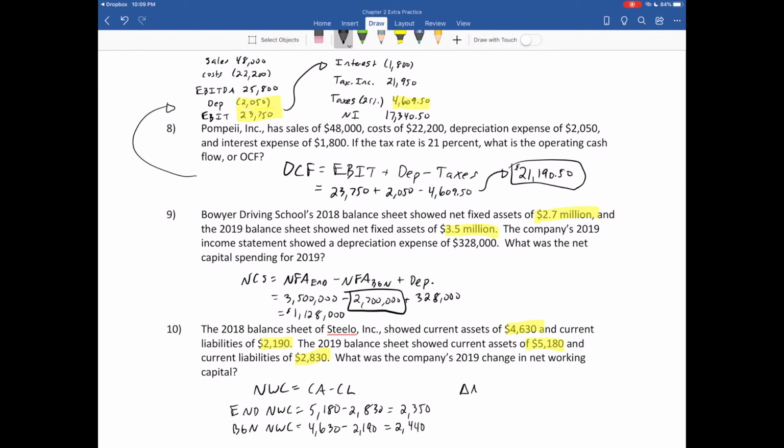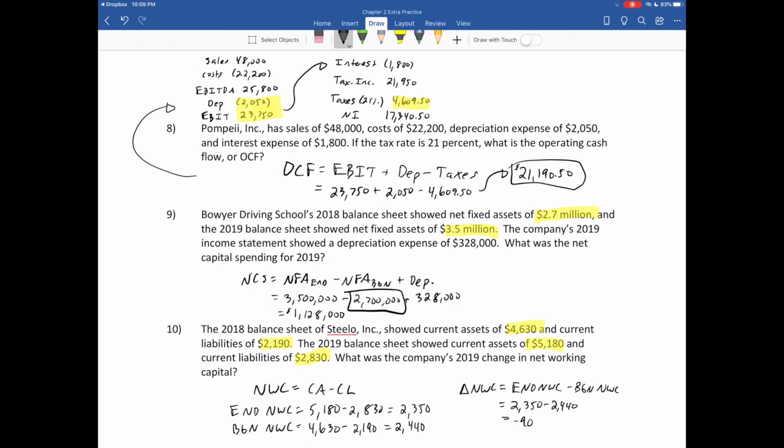And so our change in net working capital is equal to end net working capital minus beginning net working capital. And we end up getting a value that is equal to 2,350 minus 2,440, which would give us a value that is equal to negative $90.